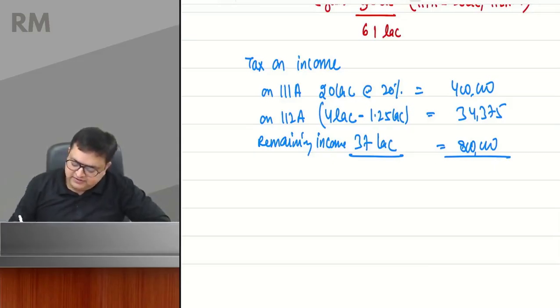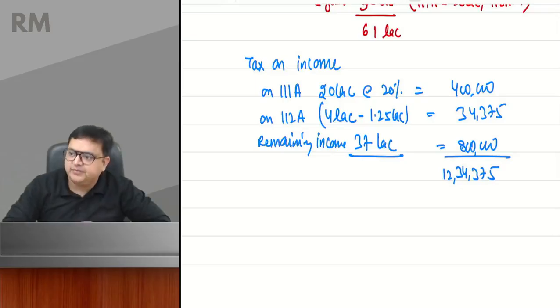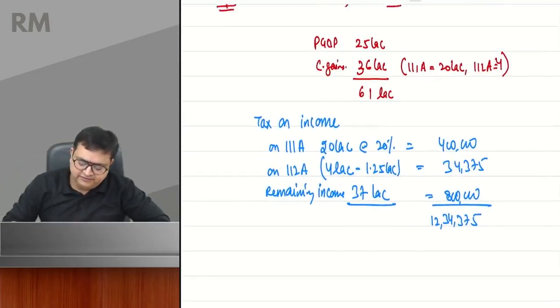Now the total tax comes to 4 lakh plus 34,375 plus 8 lakh, which is 12 lakh 34,375. Everybody tell me, first of all, have you done till here?